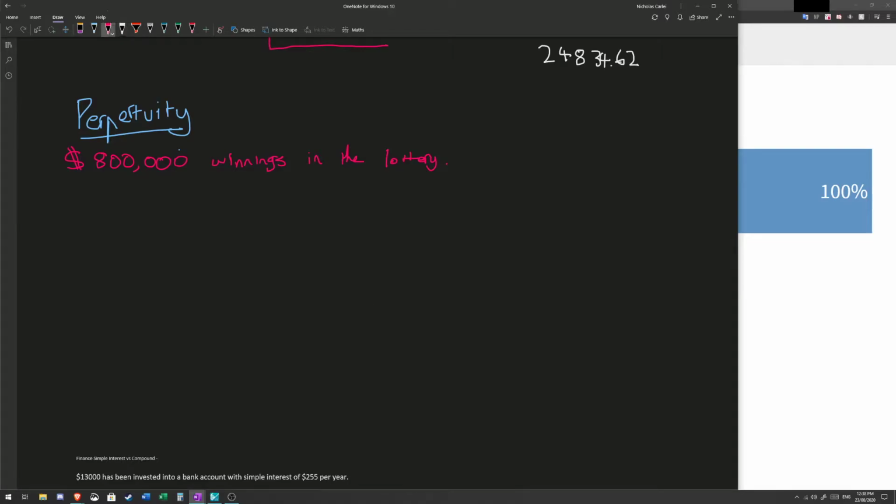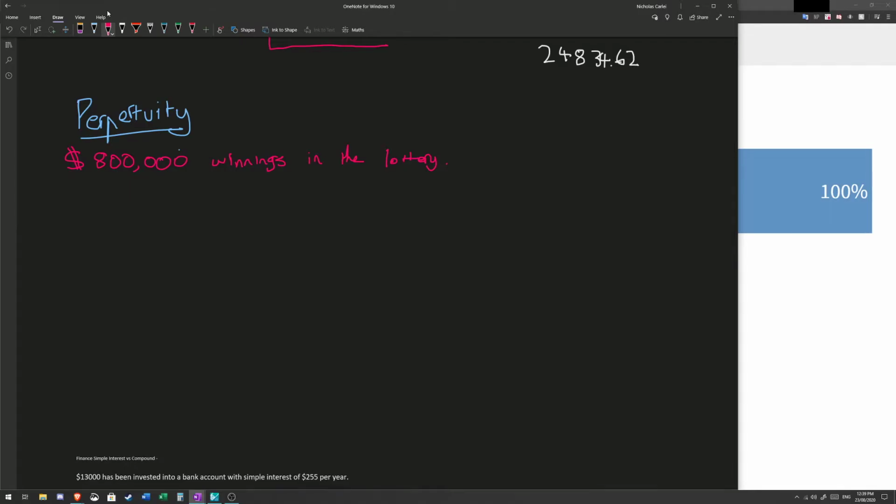What do we do with the money? I think anyone would probably go buy something they've always wanted. And that's okay. But if we want this money to last, we can put it in what's called a perpetuity.